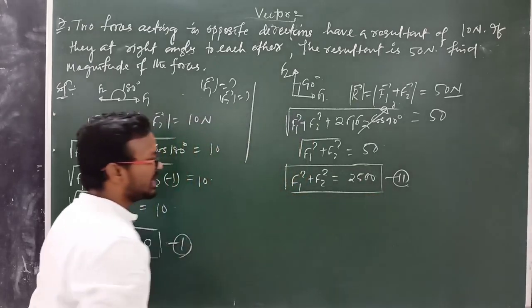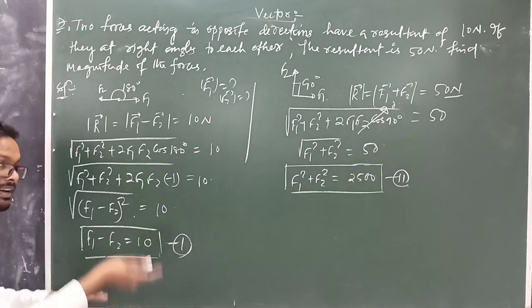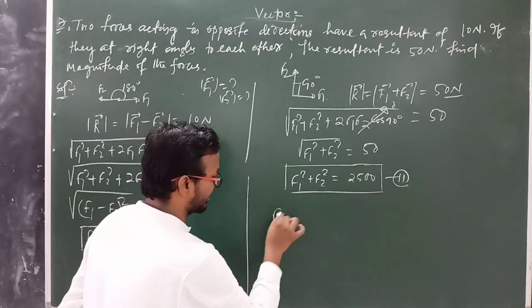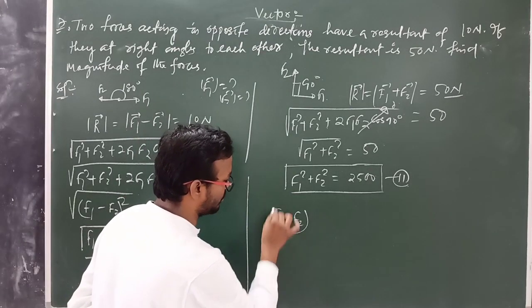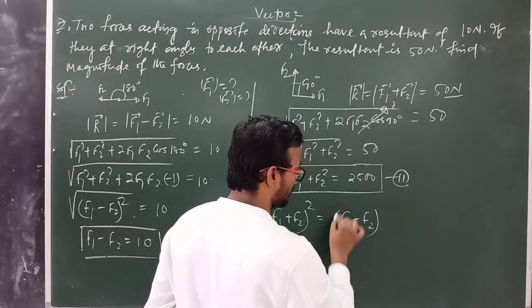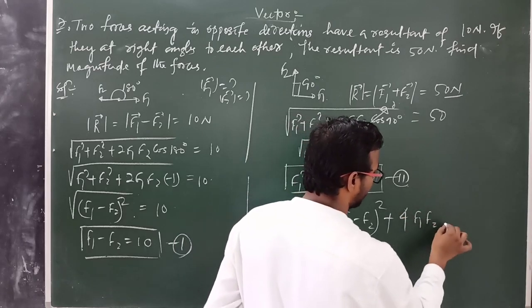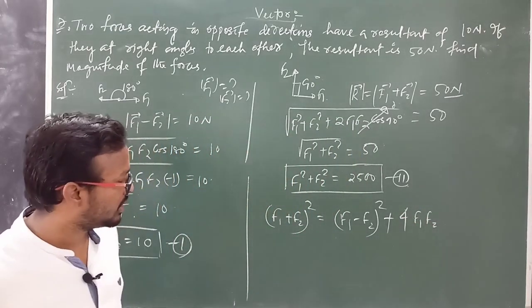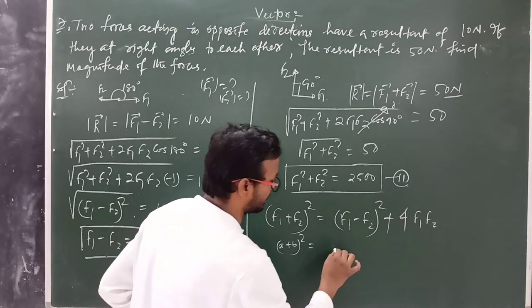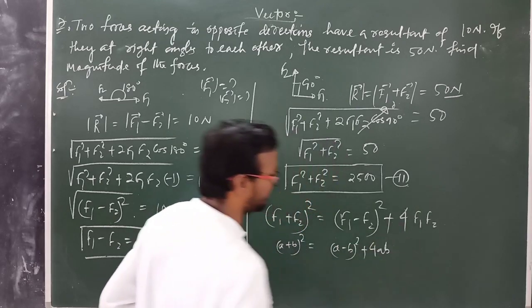But here we have to find the values of F1 and F2, and given F1 minus F2, first we have to find F1 plus F2. So how can we find it? F1 plus F2 whole square we can write as F1 minus F2 whole square plus 4 F1 F2. This is a mathematical identity you have to remember: a plus b whole square equals a minus b whole square plus 4ab.